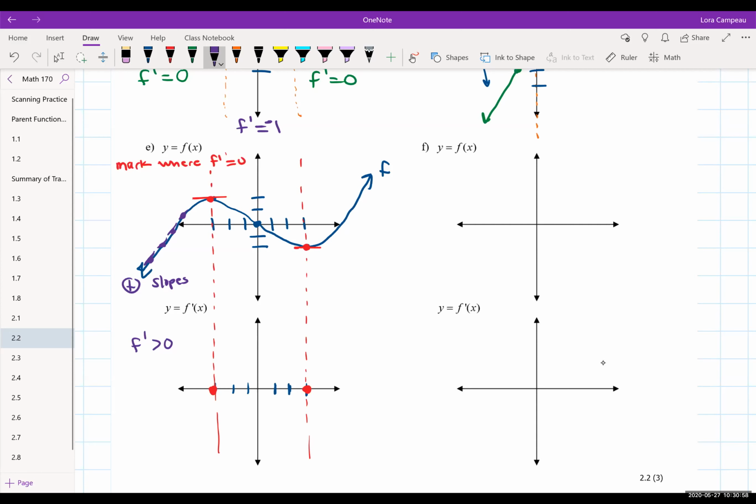If I look in between -3 and +3, and I try to calculate a bunch of slopes, in all cases, even at 0, it looks like we're having negative slopes for these derivatives at these points. So that's going to imply that our derivative is negative.